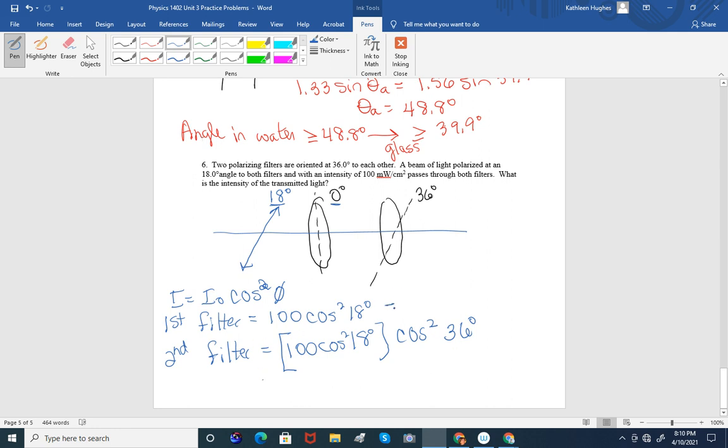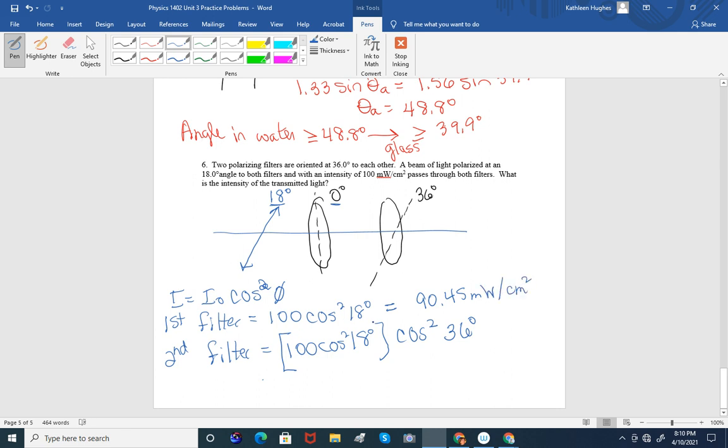If we wanted to, we could have done it step by step. If I did 100 cosine 18 times cosine 18, the original 100 milliwatts per centimeter squared, we get out about 90.45 milliwatts per centimeter squared.